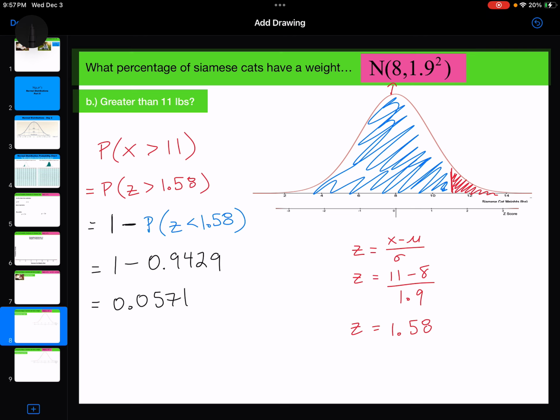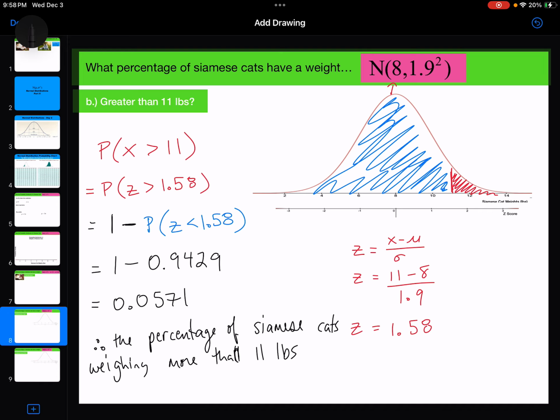So that means the probability, or the percentage, of Siamese cats weighing more than 11 pounds is only 5.7%, 5.71.